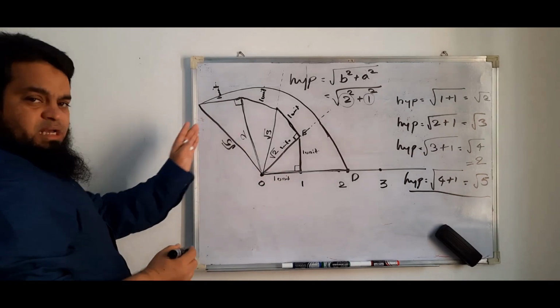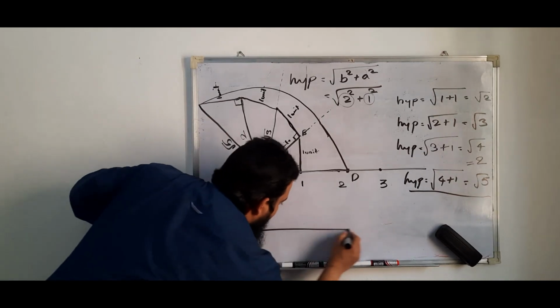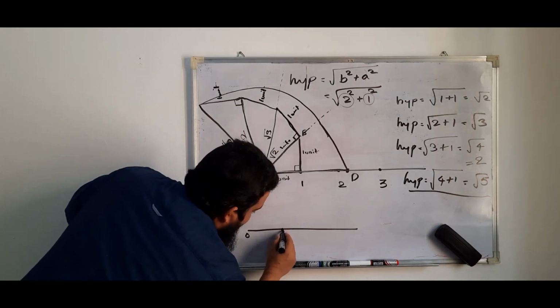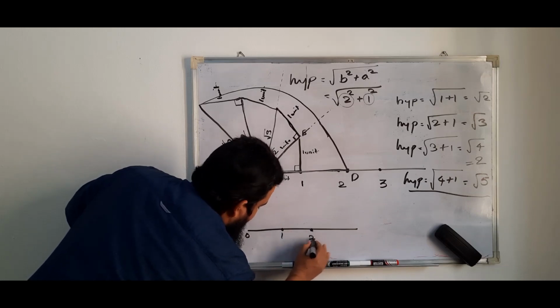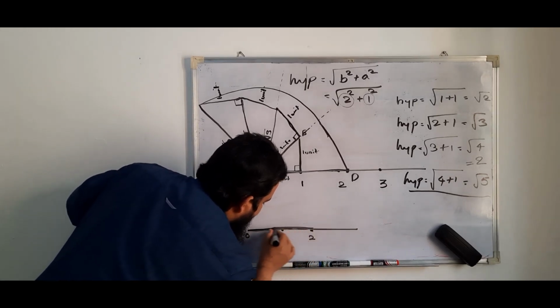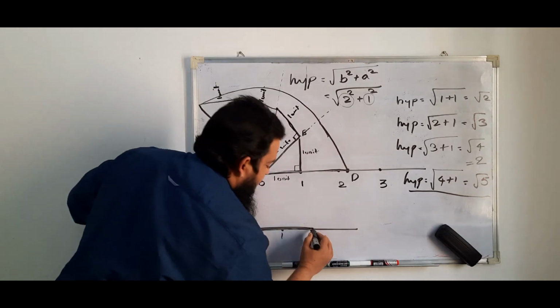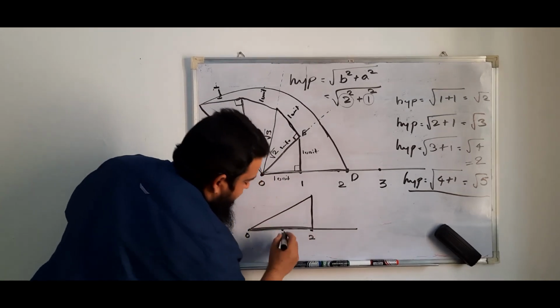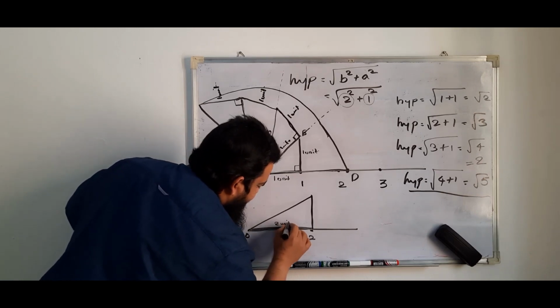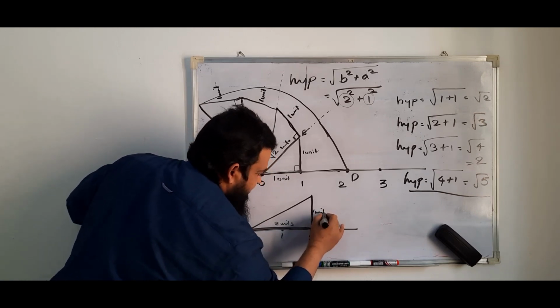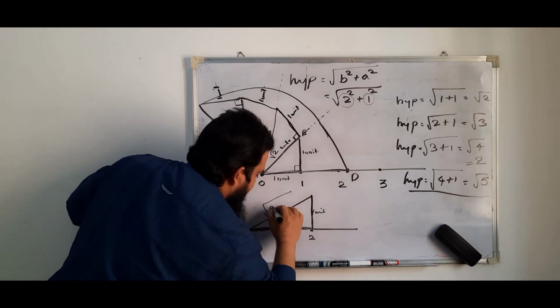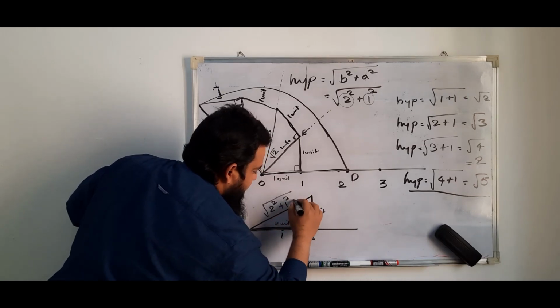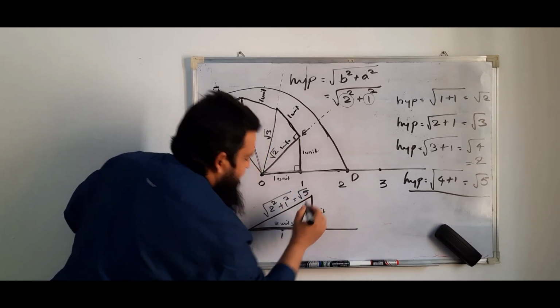Instead of doing this, you can easily do, see, 0, let us take 1, 2. So take base as 2 units. Okay, and here you take 1 unit and now draw. So this is 2 units and this is 1 unit. So this will be square root of 2 square plus 1 square, that is equal to square root of 5.